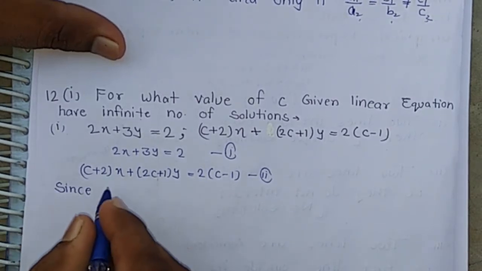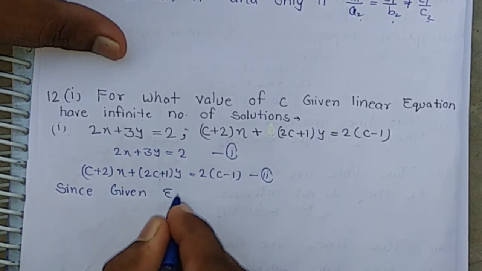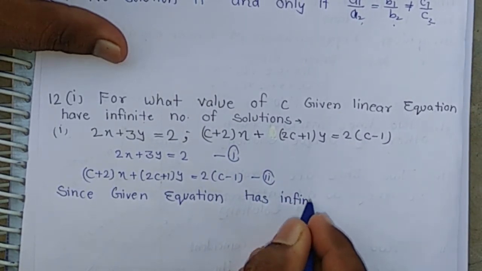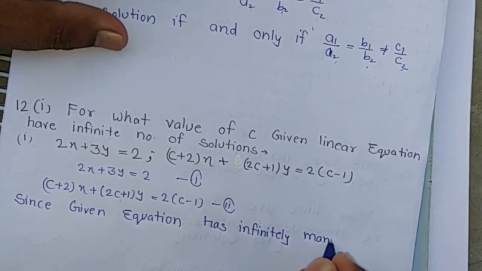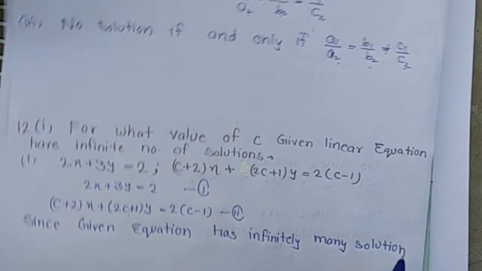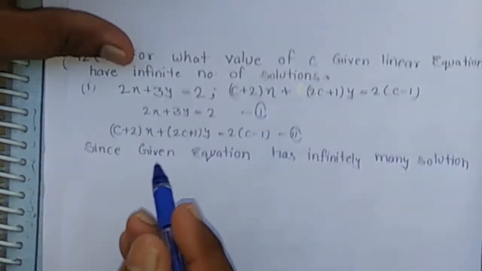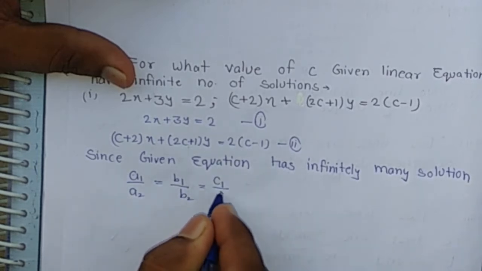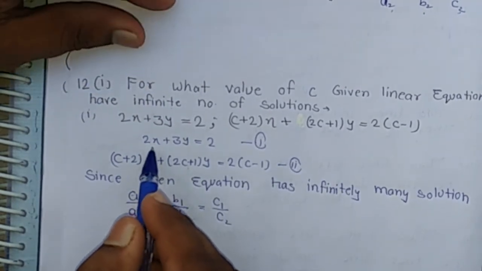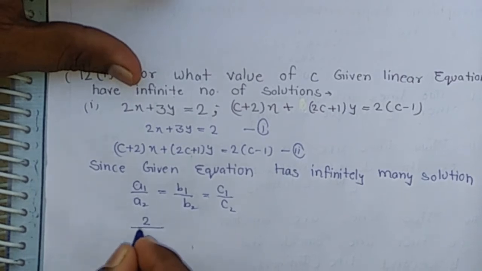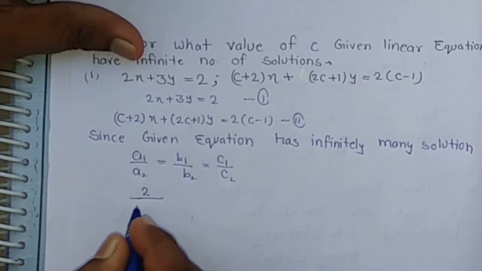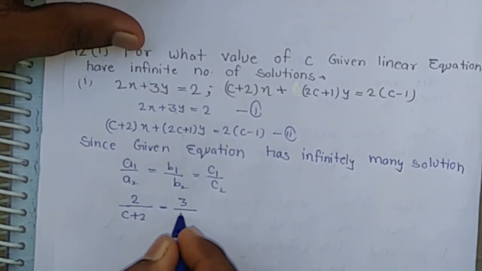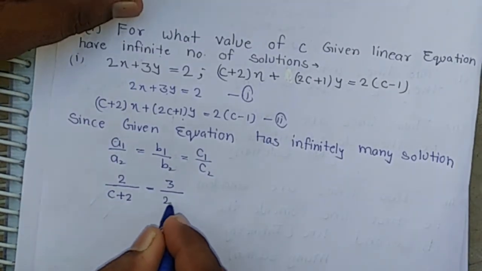Since the given equations have infinitely many solutions, then we have the property a1 by a2 equal b1 by b2 equal c1 by c2. a1 is the coefficient of x in the first equation, which is 2. a2 is the coefficient of x in the second equation, which is c plus 2. b1 is the coefficient of y in the first equation, which is 3. b2 is the coefficient of y in the second equation, 2c plus 1.